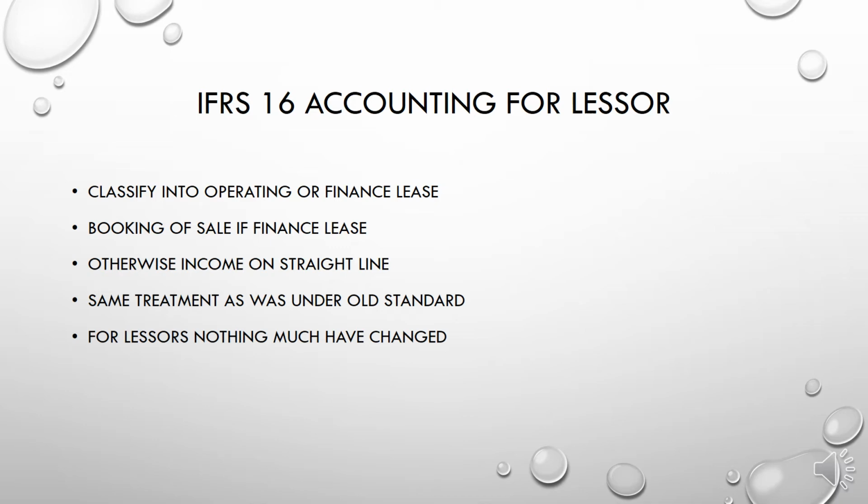If it is a finance lease, the lessor will book it as revenue as a sale transaction. Otherwise, he will book the operating lease and record revenue on a straight line basis. It is the same treatment that the lessor used to follow under the old accounting standard, so no changes for the lessor.